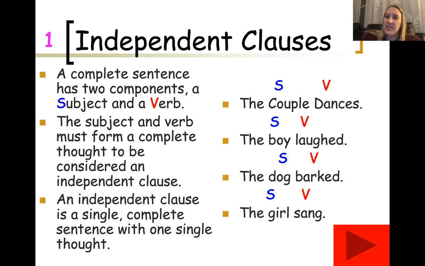It contains both a subject and a verb, and an independent clause can be as short as 3 words. For example, the couple dances. Couple is the subject, verb, dances. Another example, the girl sang. Girl is the subject, and the verb is sang.